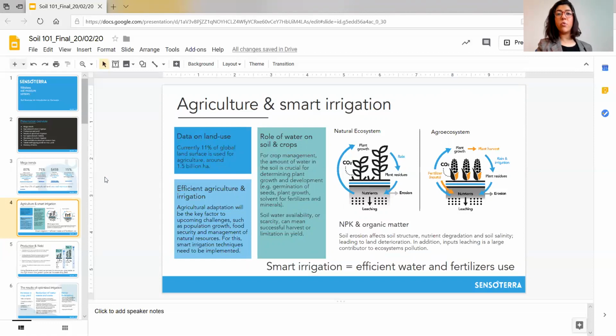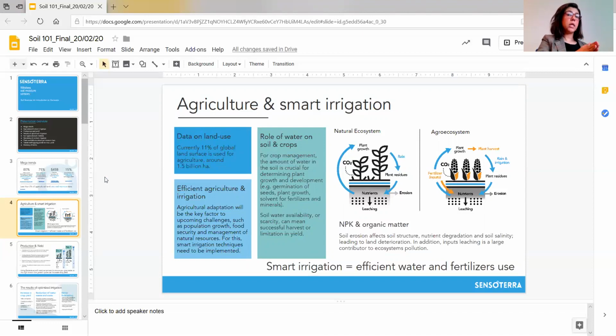So, for example, we see water throughout different phases, such as germination of seeds, plant growth, solvent for fertilizers and minerals. So the soil water availability or scarcity can mean successful harvest or limitation in yield.